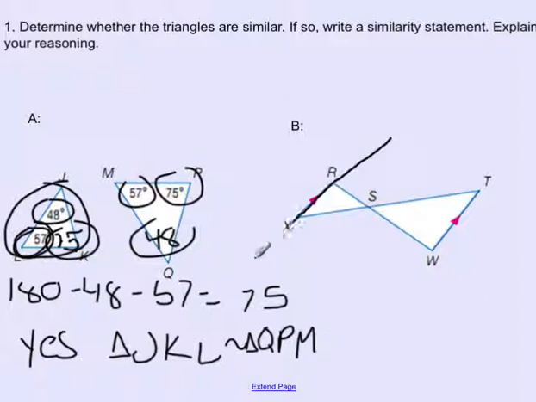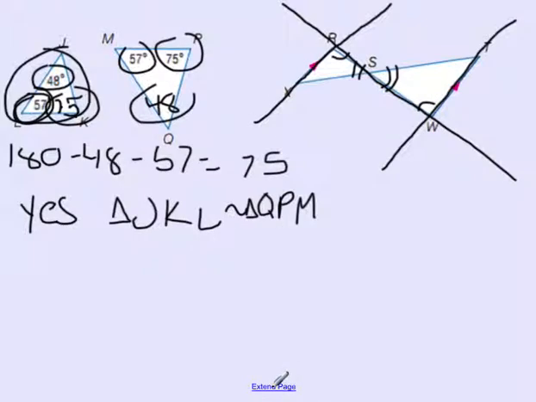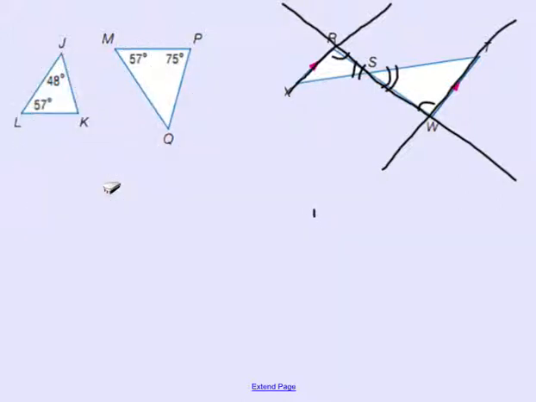Let's take a look at this one. We have two parallel lines, that's what those marks mean, and then we have our transversal. Here we have alternate interior angles, so we know those have to be congruent. Also, vertical angles have to be congruent. We use those properties we learned in Unit 2 to show that we have two congruent angles here. Let's write out that similarity statement.